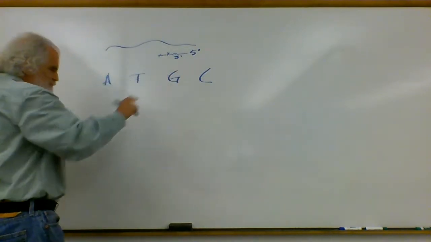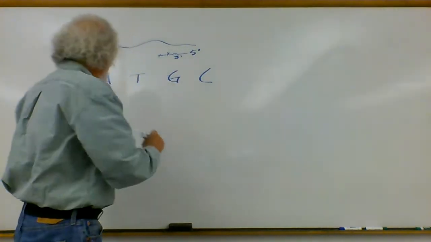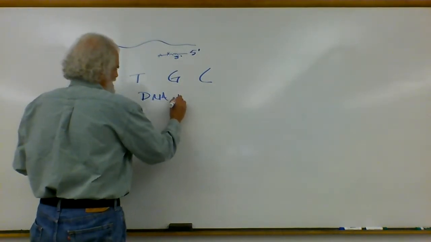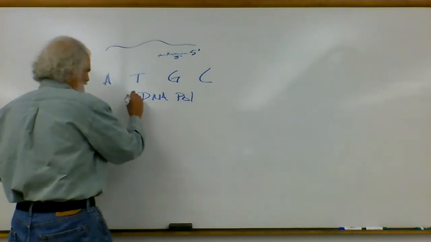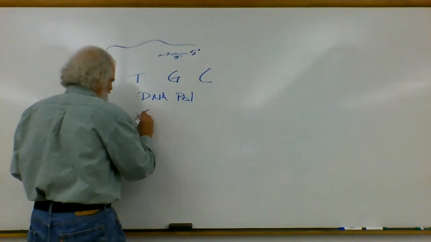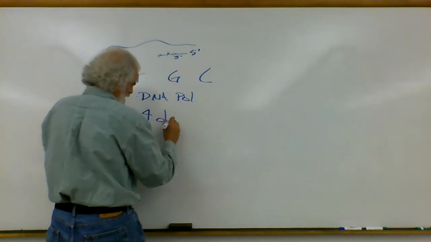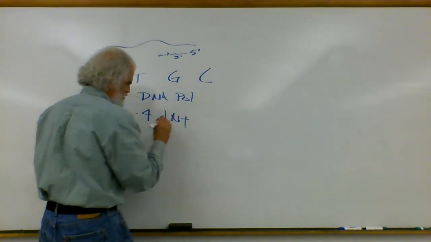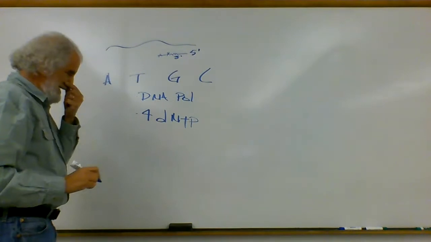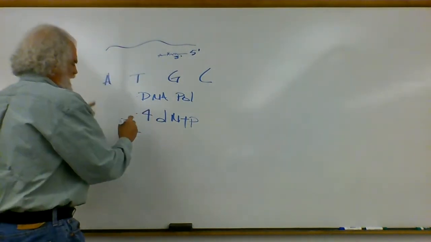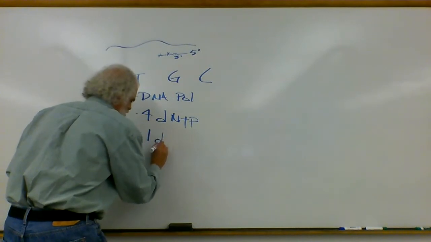These tubes are set that all of them are going to have DNA polymerase. They're going to have all 4 deoxynucleotide triphosphates, dNTPs.